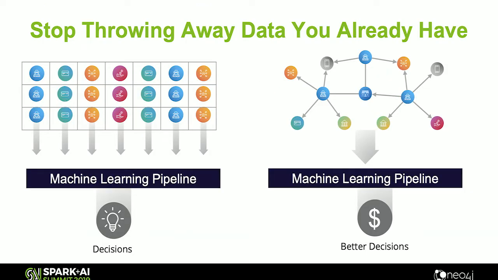One of the things when we think about these is, as I said in the beginning, relationships are extremely predictive, and so many of us are not using them in our data. So we take the data we have, we put it in these nice little tables, we pump that information into our machine learning pipeline, and we've basically either abstracted or eliminated the relationships which are the most influential or the most predictive elements of our data to begin with, especially if we're trying to predict behavior.